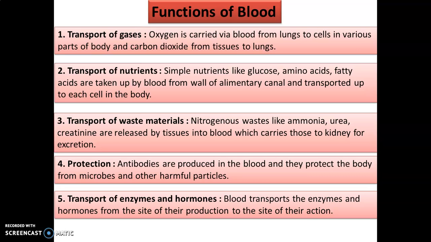Enzymes are chemicals that speed up the body processes, and hormones are required for the proper growth of the body. These are produced at some places. For example, hormones are produced by glands which are mostly situated below our brain. You will study in detail in 9th standard. From there they are taken to various parts of the body for their particular action.